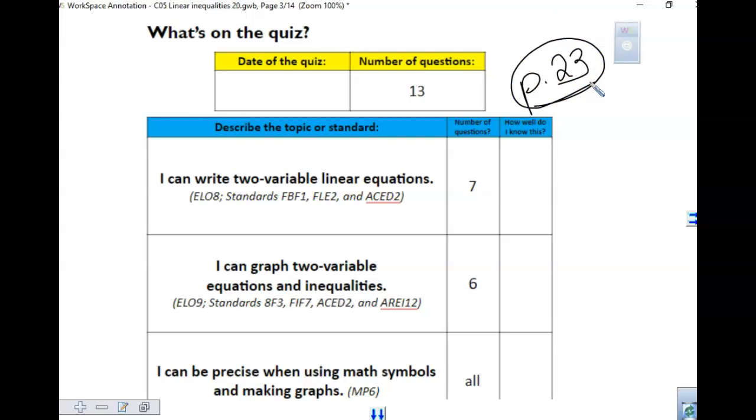So the first thing that you are going to see is the 13 questions is 54 points. So it's like half of the test, right? When do we take it? We take it Wednesday and Thursday. You guys are taking it Wednesday.